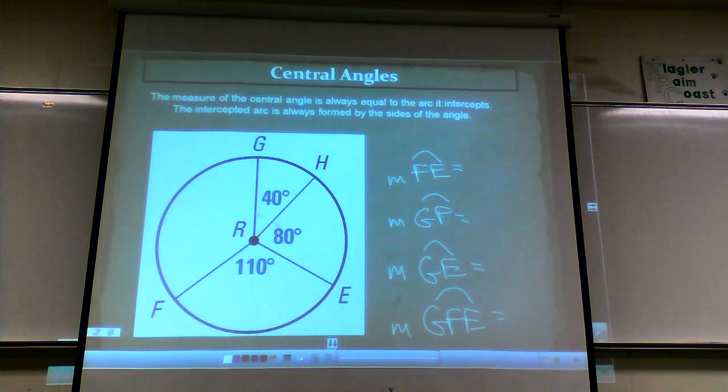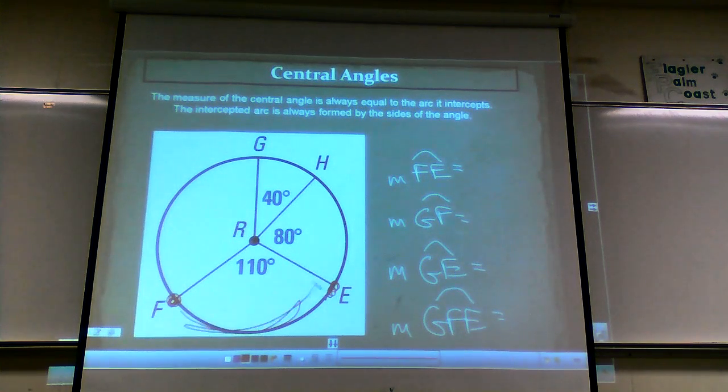The whole idea with a picture like this, especially where there are multiple lines, is whenever you go to match up the arc to the angle, I would match it up exactly because these are all central angles, so that's the center. I would just go to the endpoints. FE is the first one, so point F is there, point E is there.